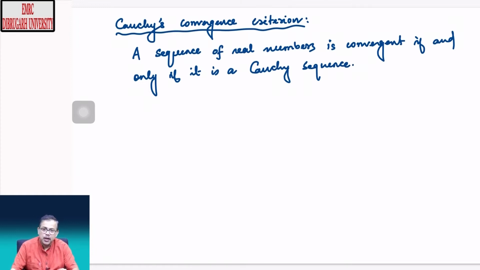Thus, being a Cauchy sequence is sufficient to be a convergent sequence. Using this criterion, we will prove some interesting results in this last module of this unit.